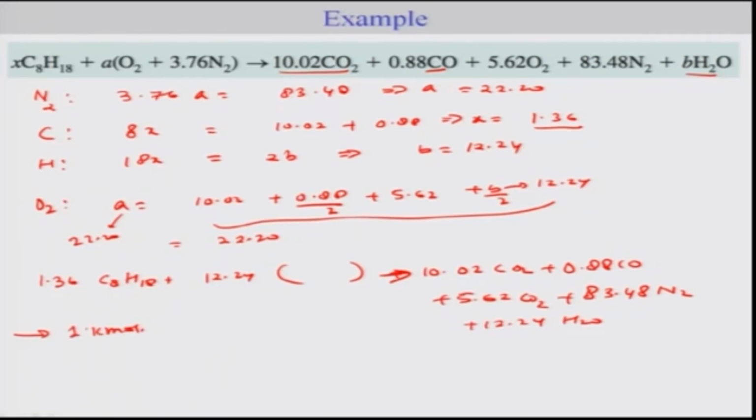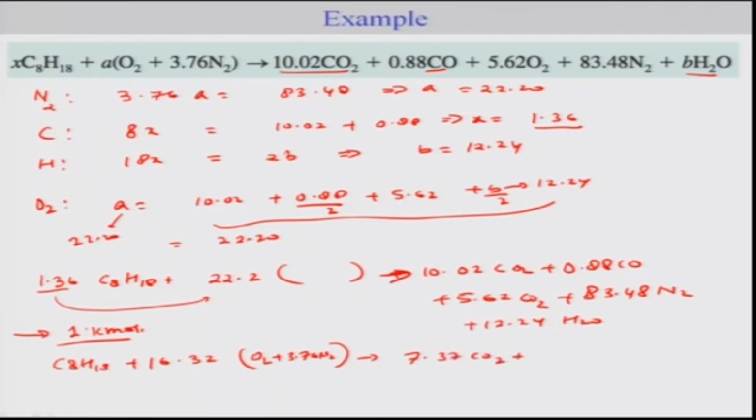Okay, for C8H18 this becomes C8H18 plus A, which should have been your 22.2. When you divide this number by this number in order to get the basis of 1 kilomole of octane, this becomes 16.32 O2 plus 3.76 N2, and this gives your 7.37 CO2.